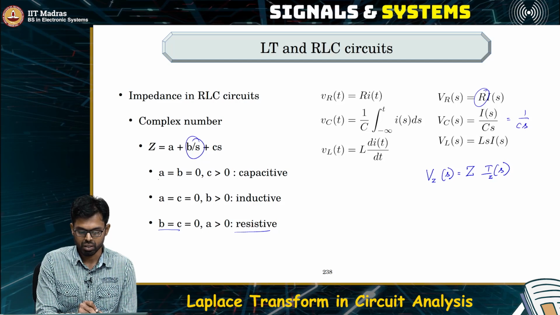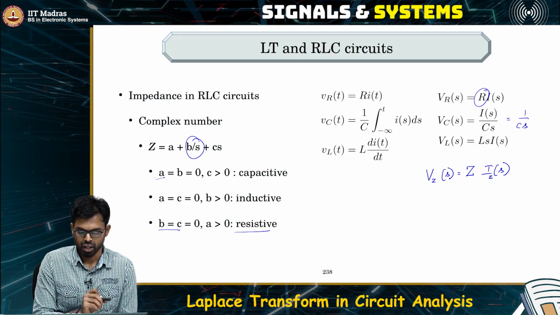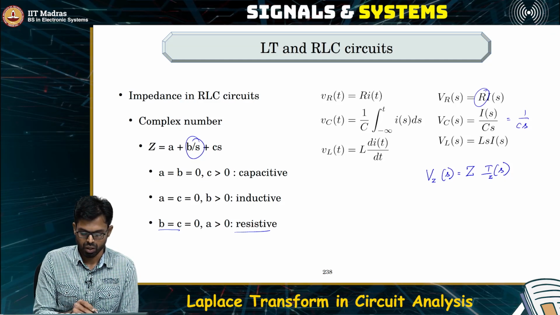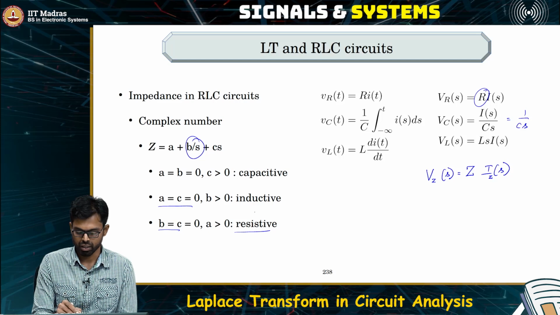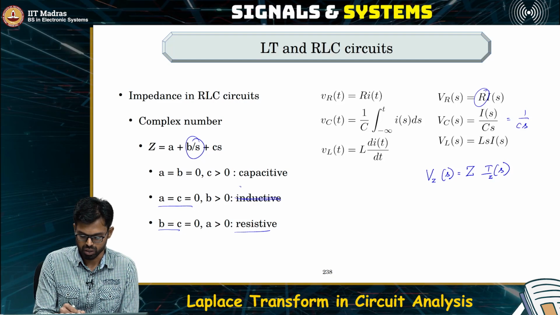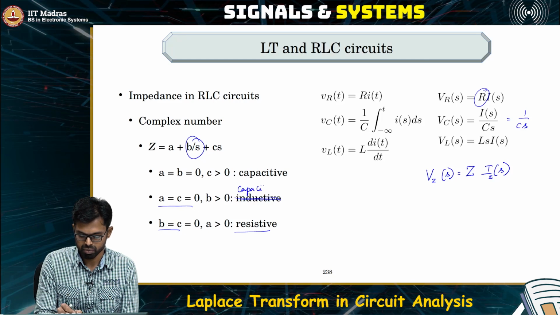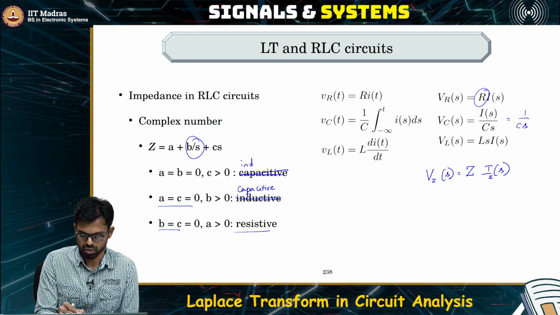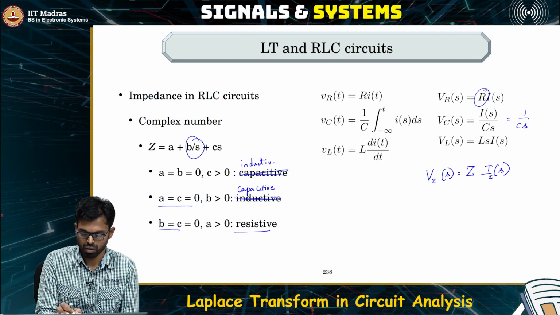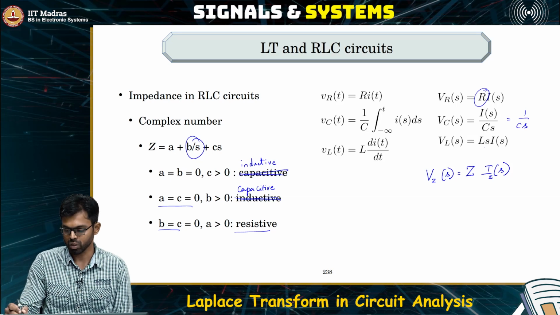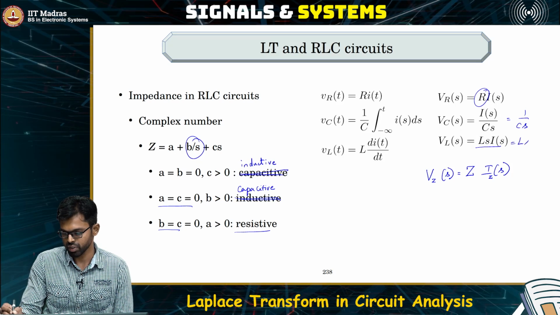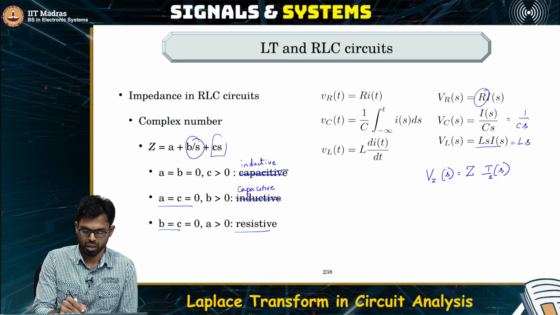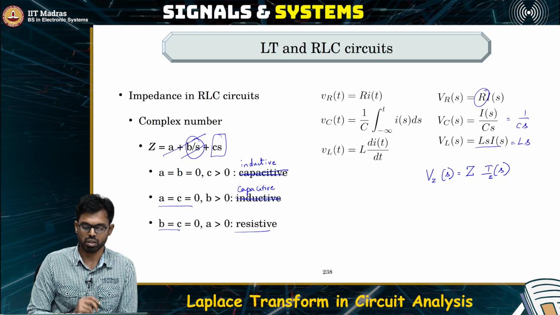So for a capacitor, we have that a and c should be equal to 0 and b should be greater than 0. So this is capacitive and this is inductive. Right, so because for the case of inductance, we have just L times s, which means we are supposed to have only this term non-zero, the other term should go to 0.